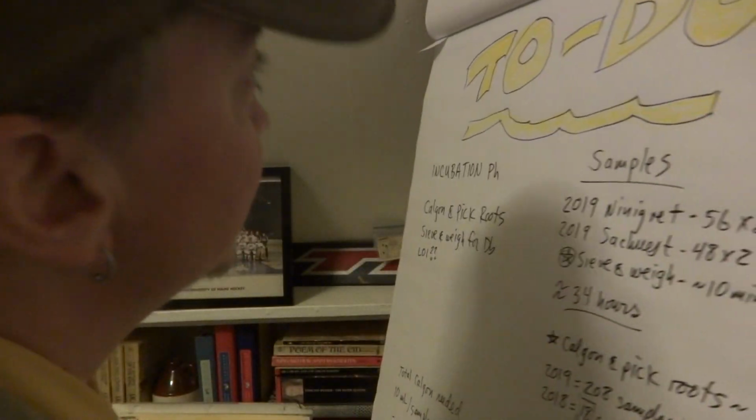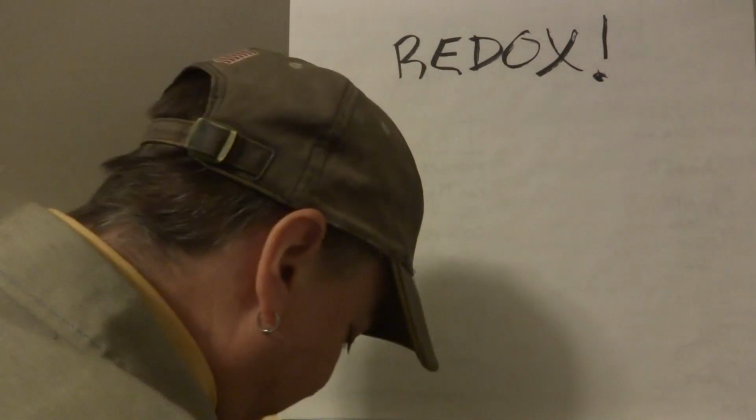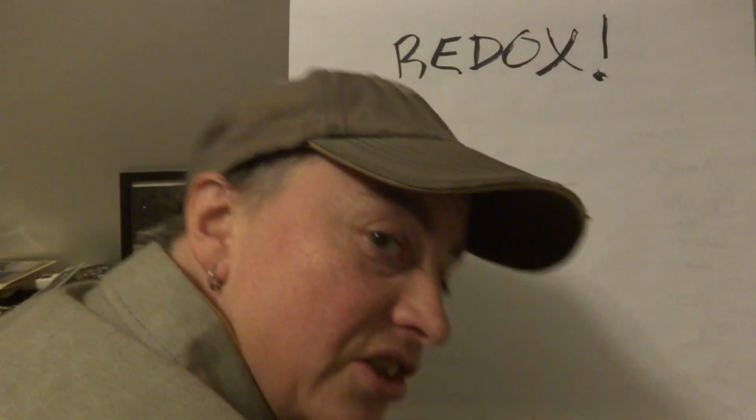Well, kids, this is when we start talking about redox. My favorite subject. So some of you will remember that redox stands for reduction and oxidation. There are two processes that happen together.